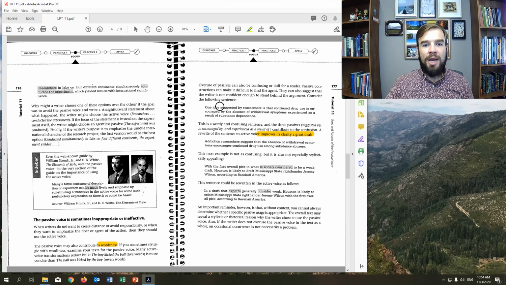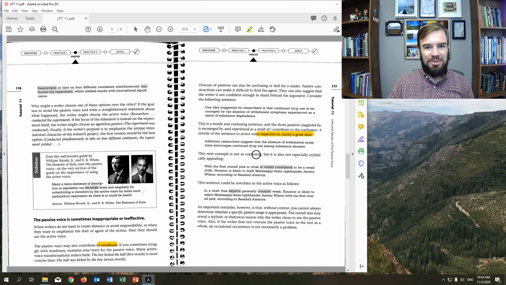So one idea suggested by researchers is that continued drug use is encouraged by the absence of withdrawal symptoms experienced as a result of substance dependence. Again, perfectly grammatically correct. Versus addiction researchers suggest that the absence of withdrawal symptoms encourages continued drug use among substance users. Again, I know which one I like better as the reader.